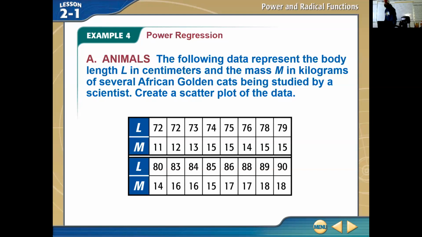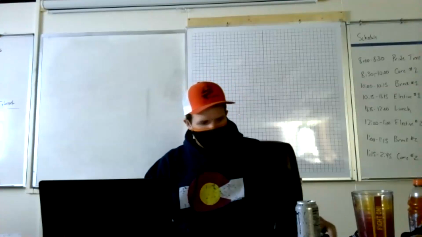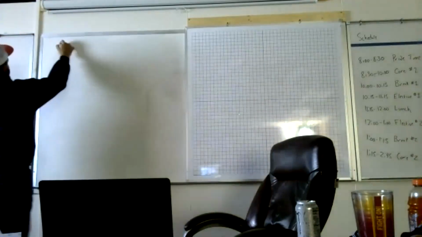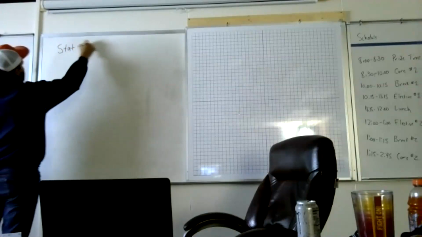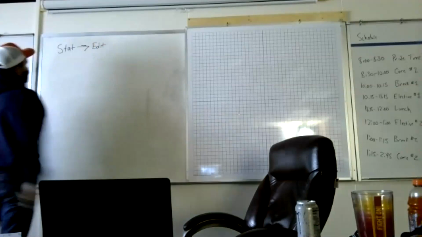Okay, to get your calculator to do this, or to use this on the calculator or on the phone, the steps are the same. First thing that you're going to click is Stat, and then you're going to click Edit. Okay, then you're going to see a series of tables.